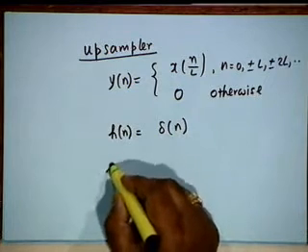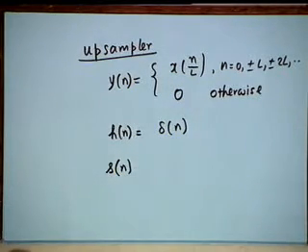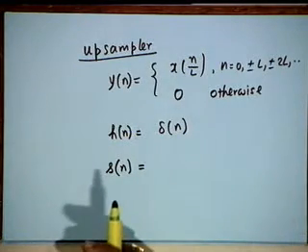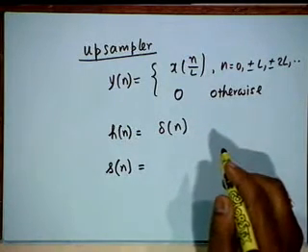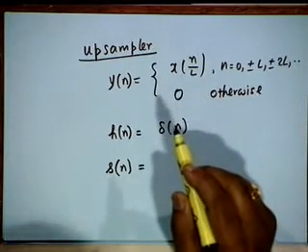Suppose we find the unit step response, S of n. Then what would be S of n? You have to substitute x by u.